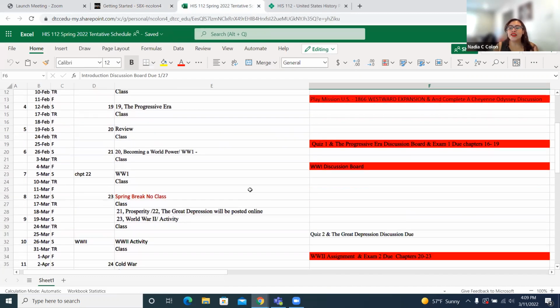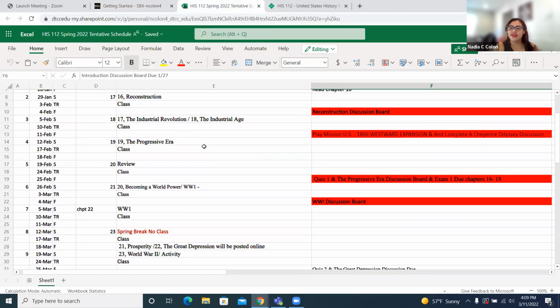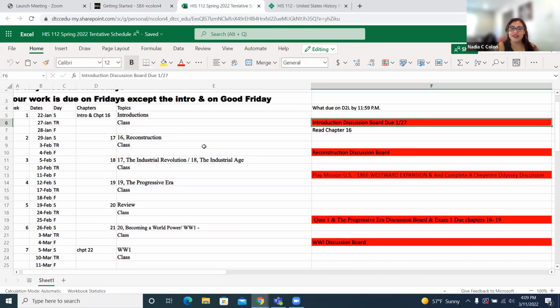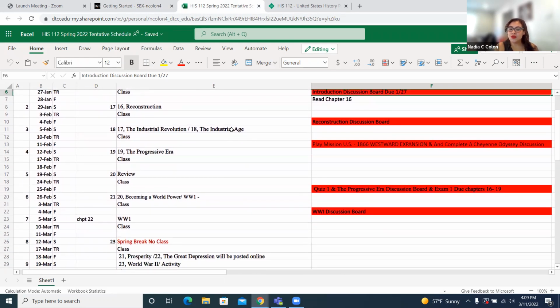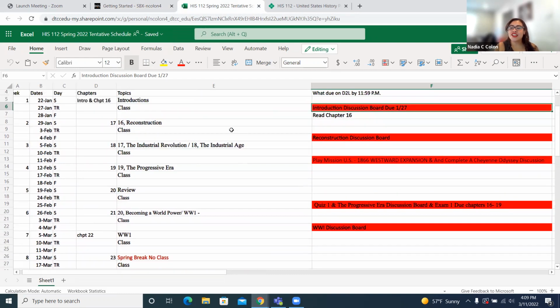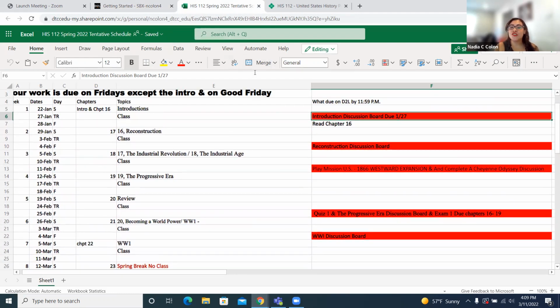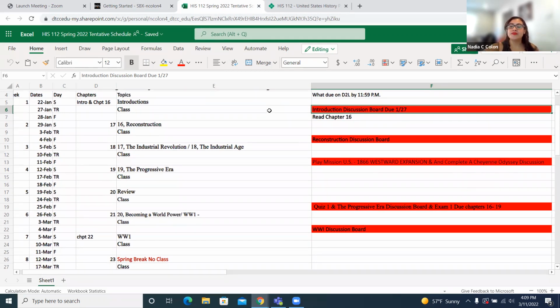Your schedule is organized by the week, dates, day, chapters, topics, and the assignments that are due. As stated on your schedule, you have your introduction discussion board due at the end of your first week. Work is always due on Fridays with the exception of Good Friday.